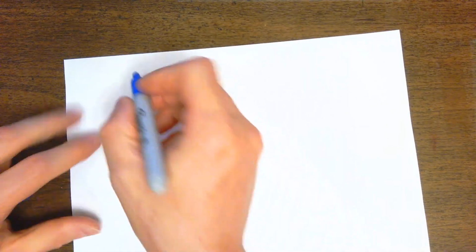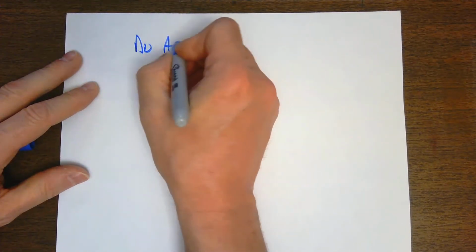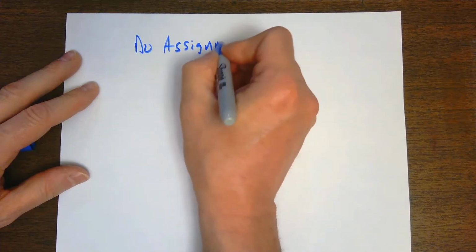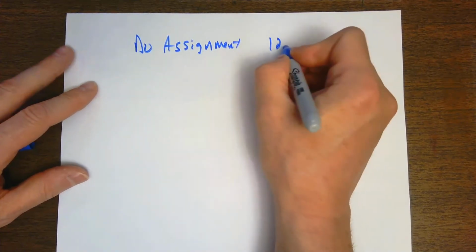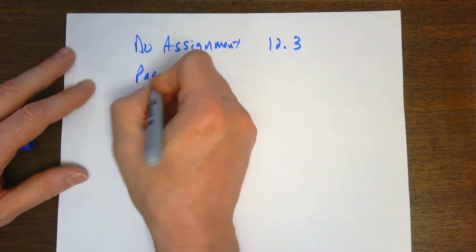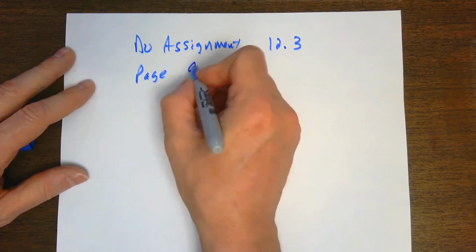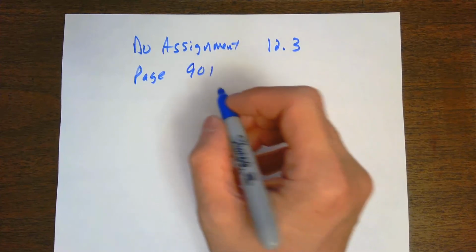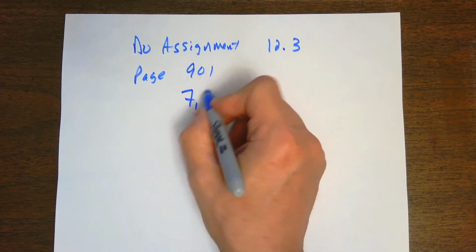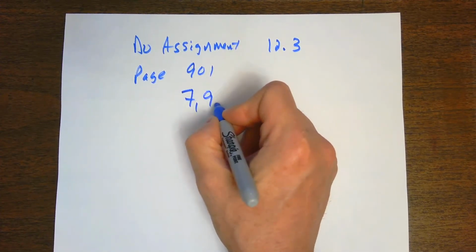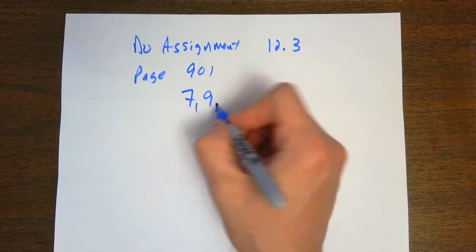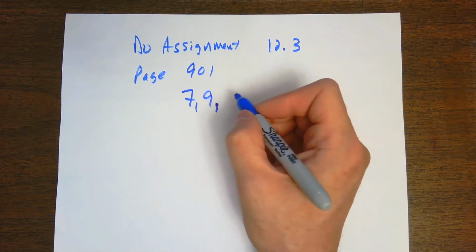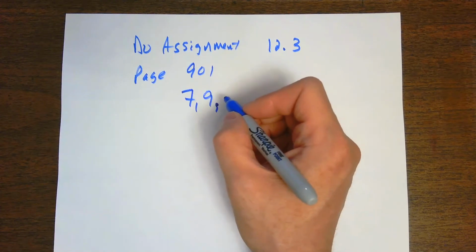So what I'd like you to do now is go ahead and do assignment 12.3. It starts on page 901, and I want you to do 7 and 9, which are just finding determinants. It's just two quick little finding determinants.